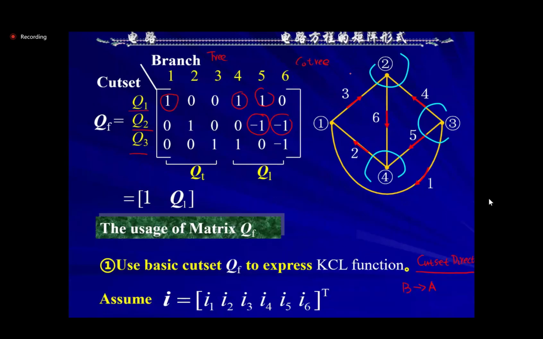If we remove branches 3, 4, 6, node 2 is left.